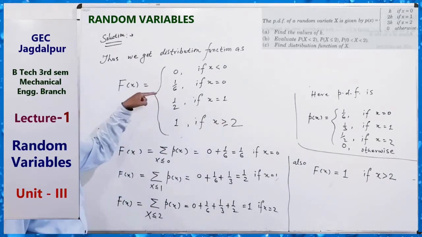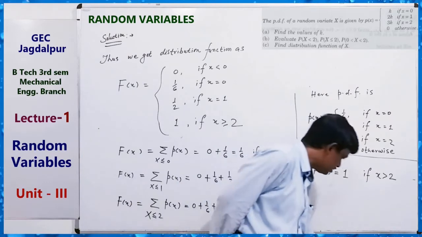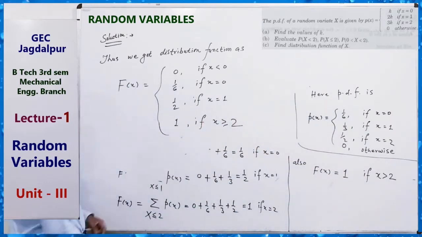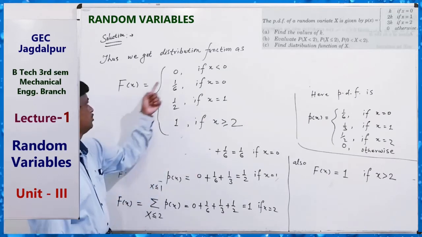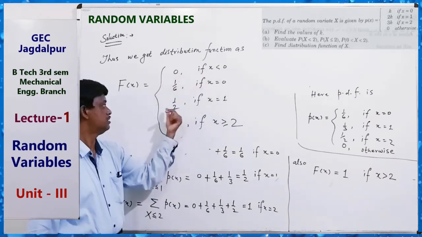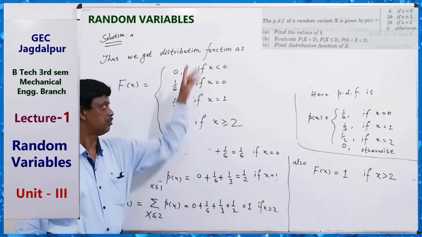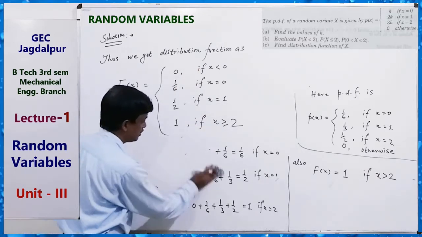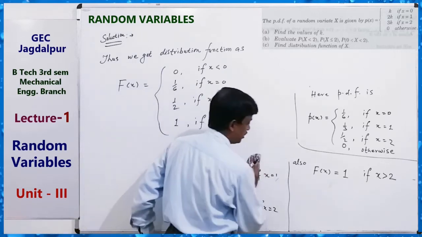So 0, 1/6, 1/2, 1. Okay. So this is the final distribution function, F(x) equal to this for this, for the total values. This is for a discrete distribution, a discrete random variable.